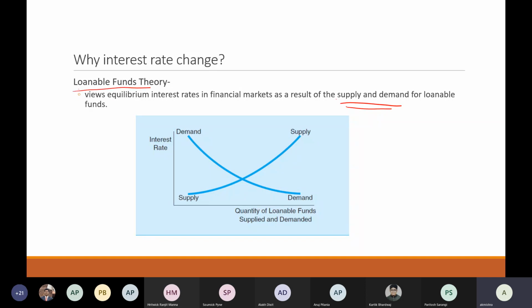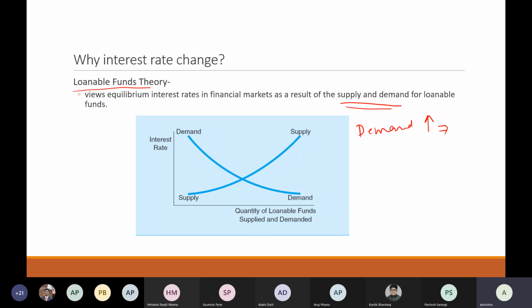So what does this theory suggest? This theory suggests that the interest rate in any market will be a function of how much demand and supply there is for available funds. So what does it mean? Say demand is more for loans. Following basic theory, if demand for anything goes up, assuming that supply is constant, what will happen to the interest rate?